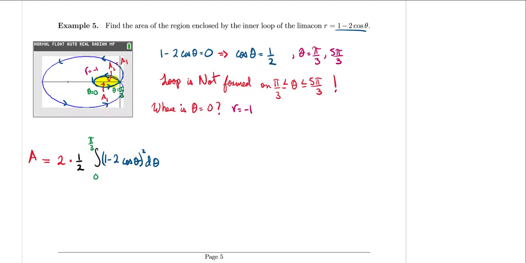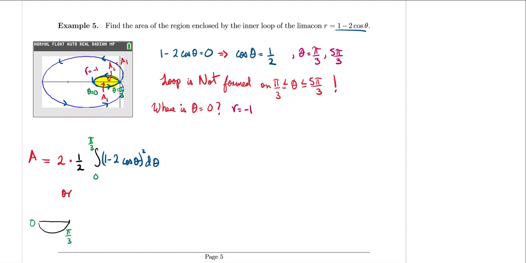Now, another thing that you can do if you do not want to use symmetry, you can still set up two different integrals. Now, the thing that we would need to do to figure out those two integrals is the following. We could set up the integral that gives us the area for the bottom half, and I'm going to focus here only on the inner loop. As we went from 0 to pi over 3, we're tracing this.